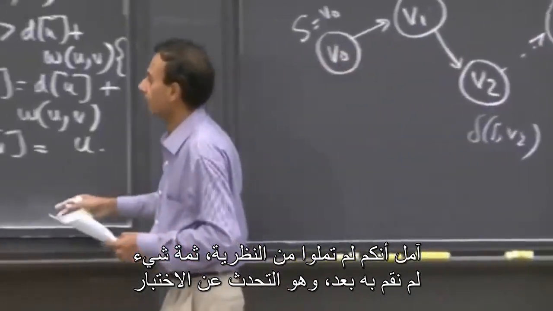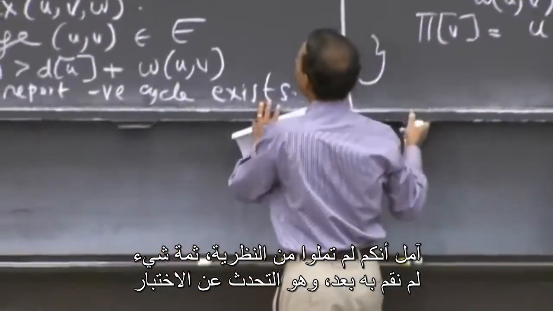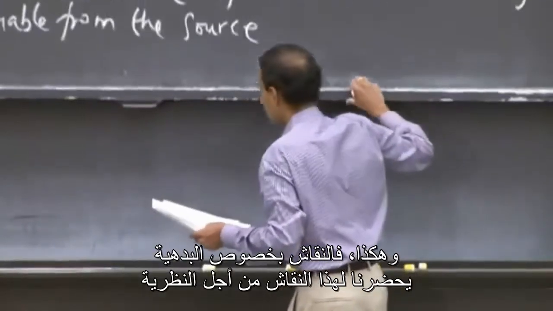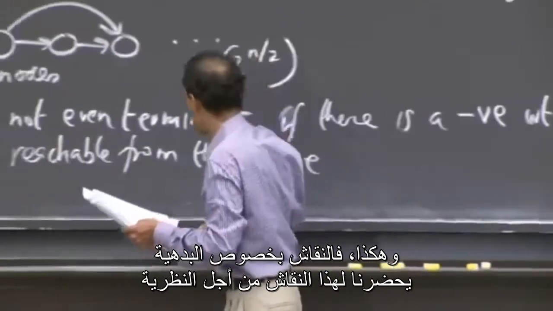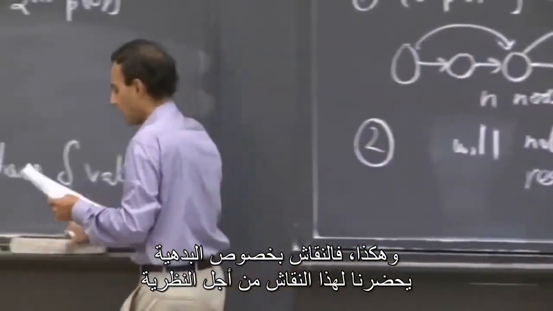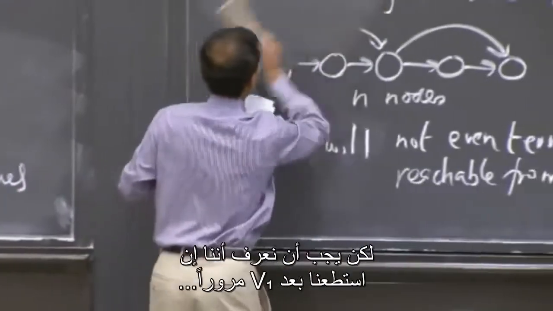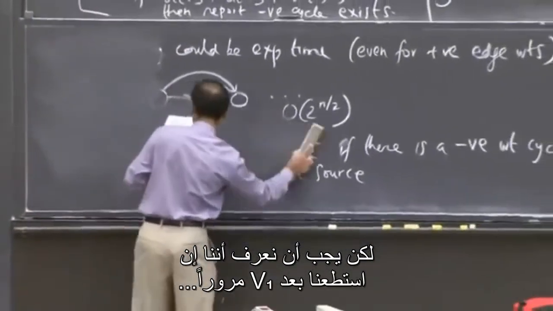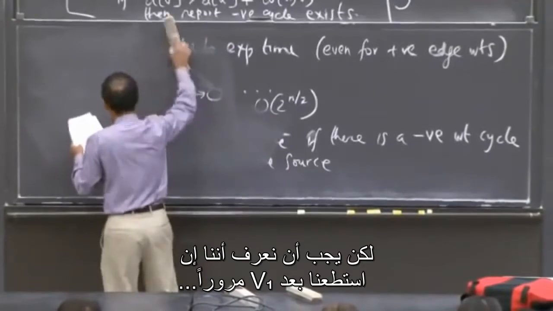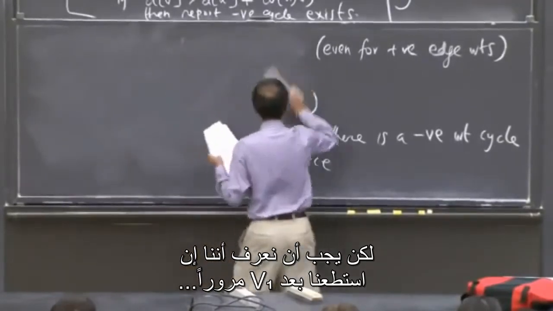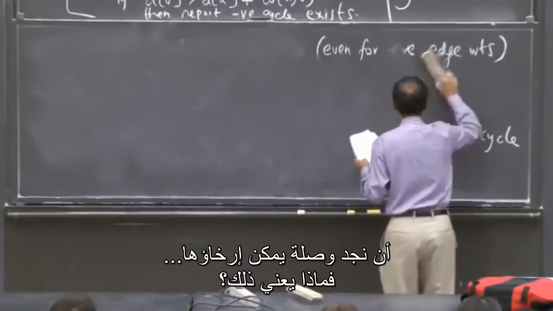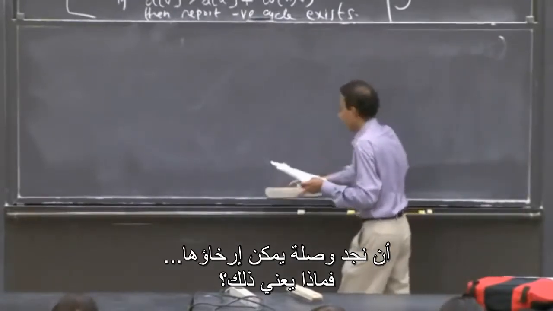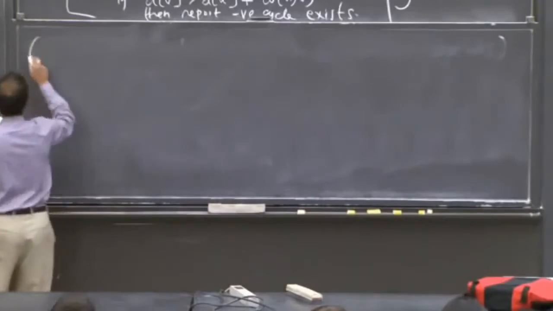And one thing that we haven't done is talk about the check. And so the argument with respect to the corollary bootstraps this particular argument for the theorem, but just requires the insight that if after v minus 1 passes, you can find an edge that can be relaxed, well, what does that mean?